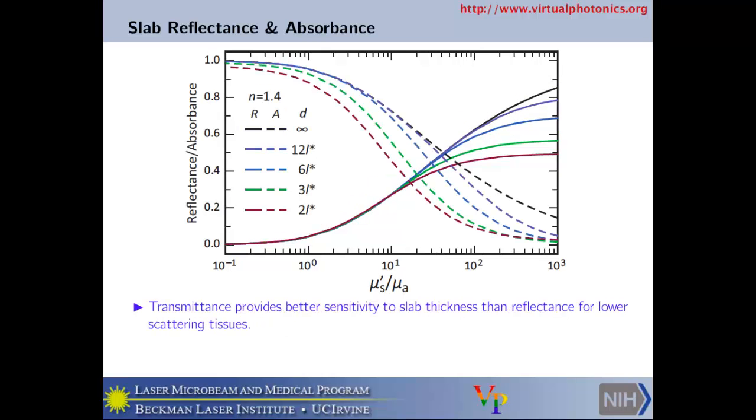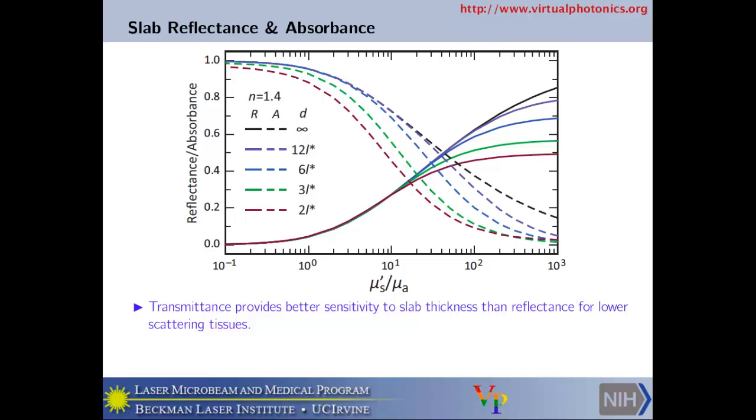And then you can also plot either transmittance or absorbance. And I chose to plot absorbance because transmittance has a similar feature to reflectance, and so the plots really overlay. So if you think about the amount of light that's lost, for strongly absorbing tissue, of course, you're going to lose almost all the light due to absorption. You have very little reflectance and very little transmittance. But as your scattering goes higher and higher, you're going to reduce the amount of absorbance.